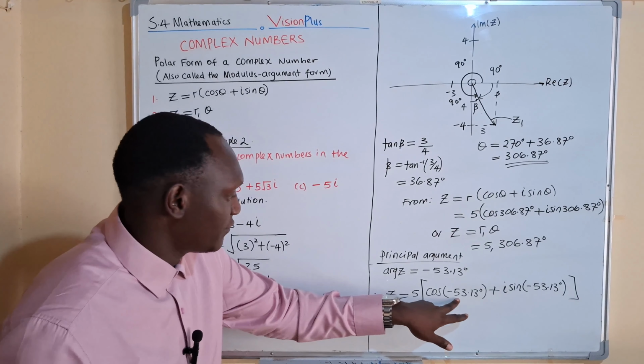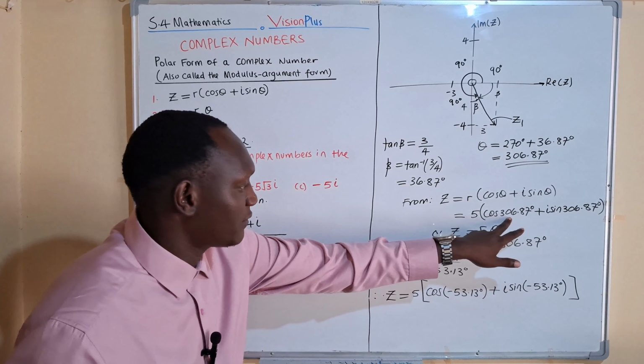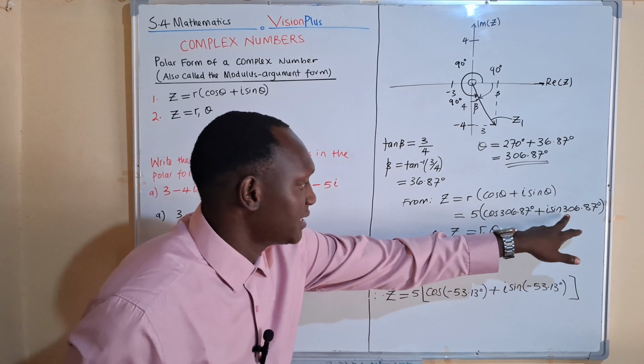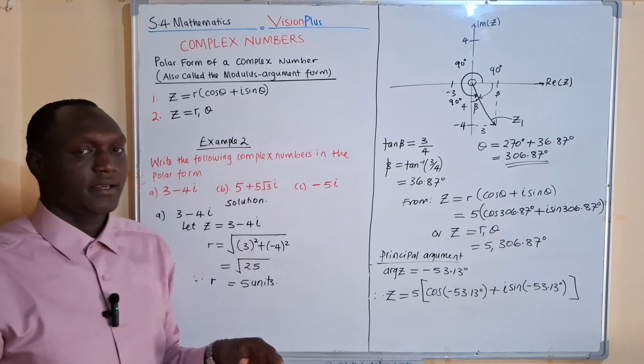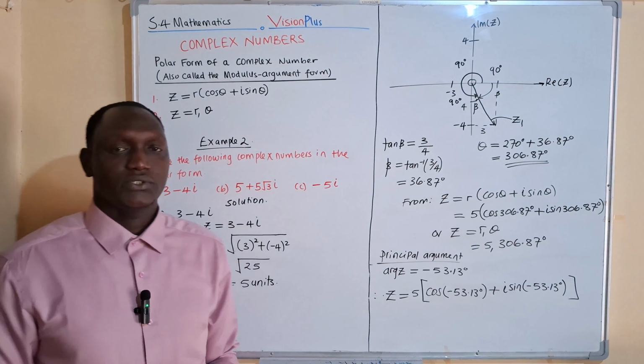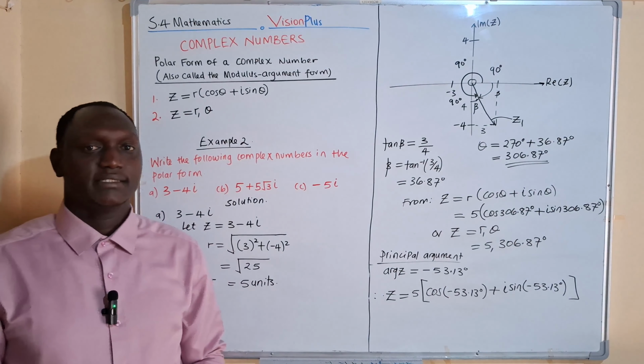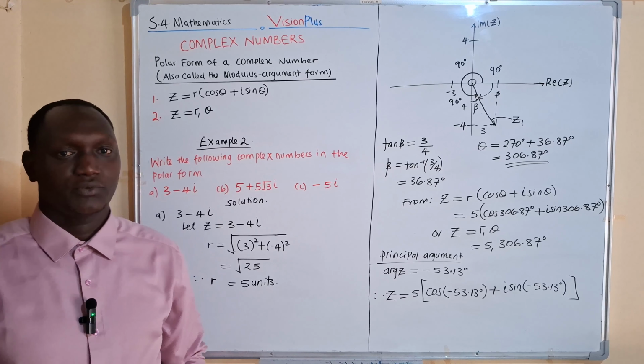You can use a square bracket here. The cosine of this angle is the same as the cosine of that angle. The sine of this angle is the same as the sine of that angle. But always use the one that you are okay with. The two answers are the same. So this is the solution to part A.